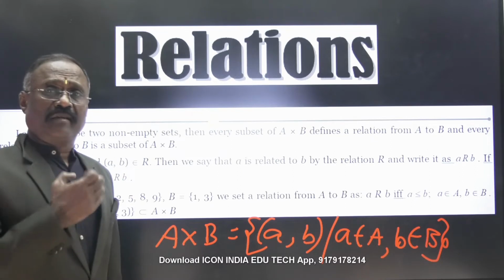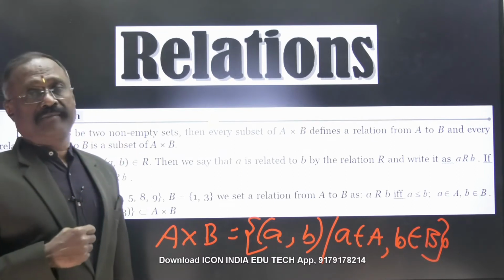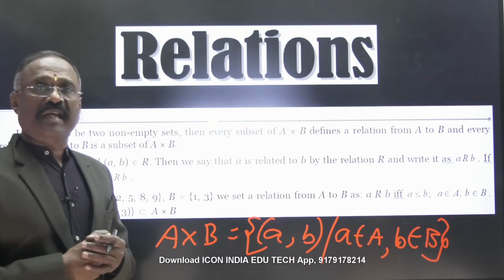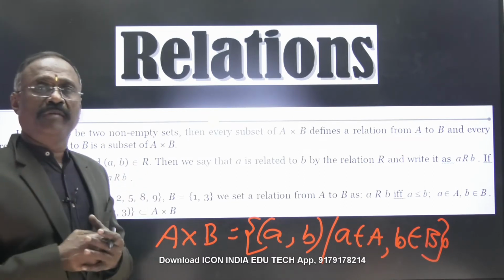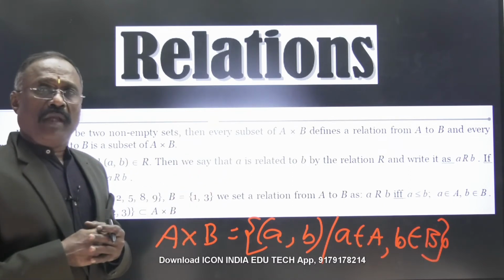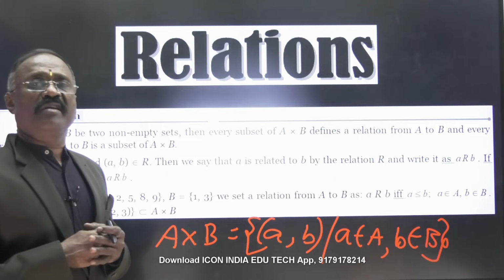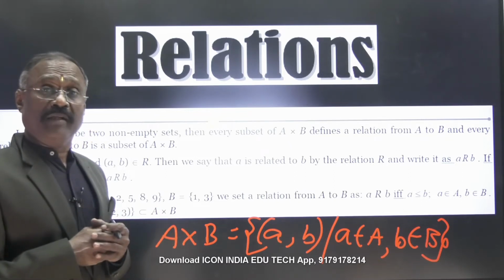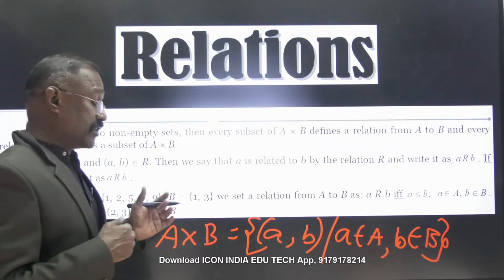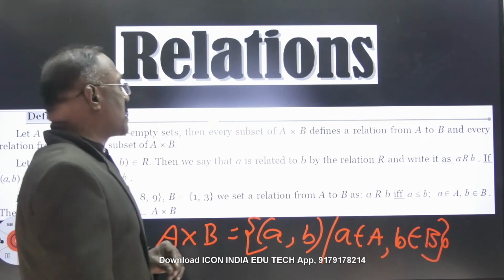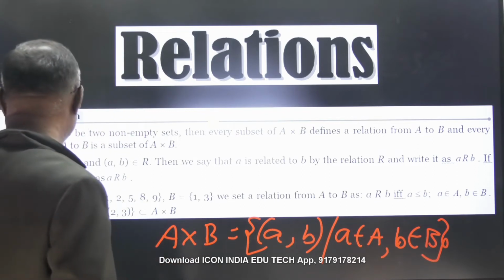If you take any subset, a subset is the set which is a part of a given universal set. So any subset contained in A cross B, that is the Cartesian product, is nothing but the relation.